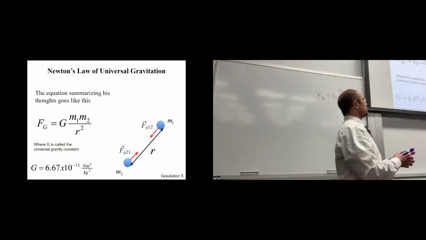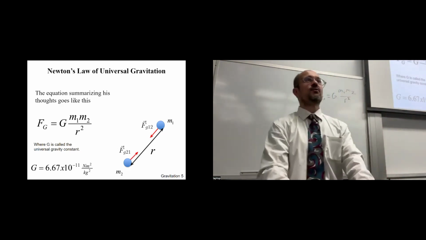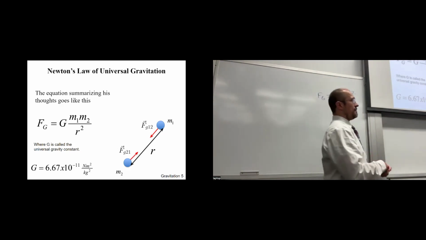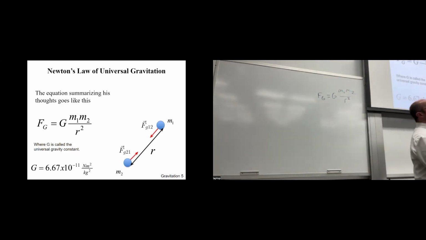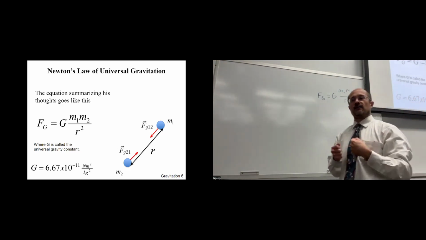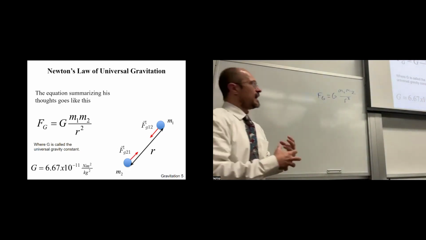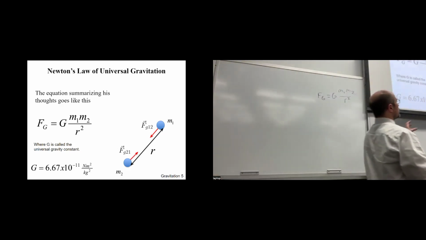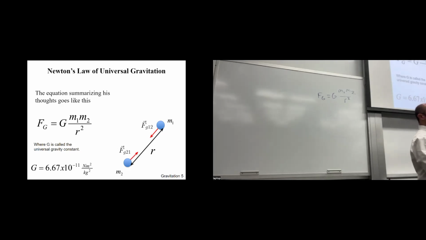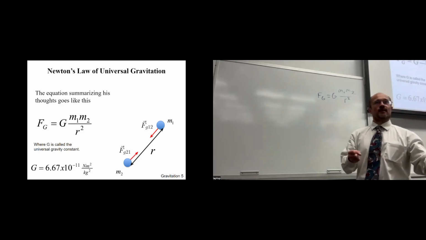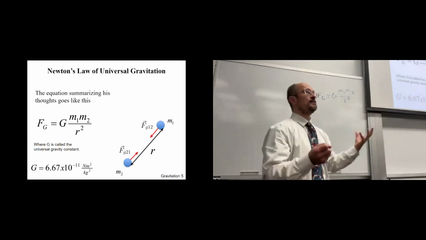You need a lot of mass to get this force of attraction. But this law tells us that all mass attracts other mass, and it turns out to be one of the rules in how stars form, how solar systems and planets form, and all the things that happen in space.